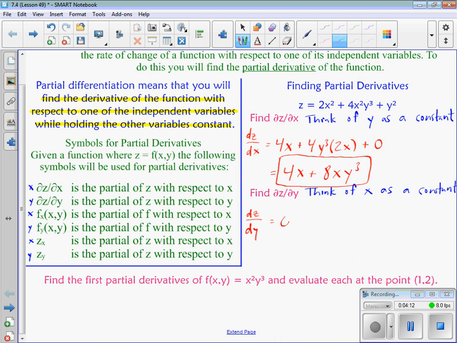So I have 0 plus, what are my constants in this next term? 4x squared, so they stay out front. And the derivative of the y cubed is 3y squared. And then the back is going to be plus 2y. And then we just clean it up a little bit. So we've got 12x squared y squared plus 2y.